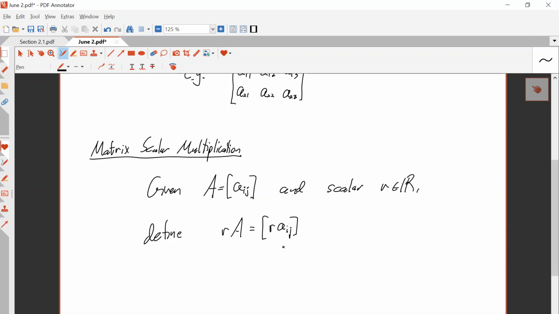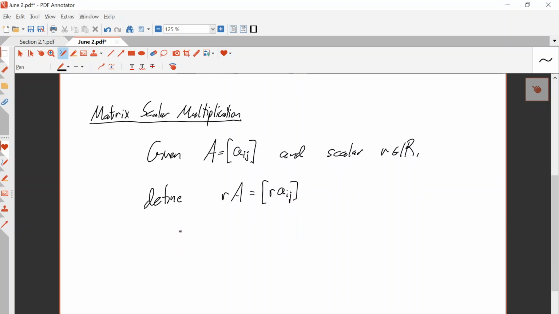So every element of the matrix gets multiplied by that scalar.